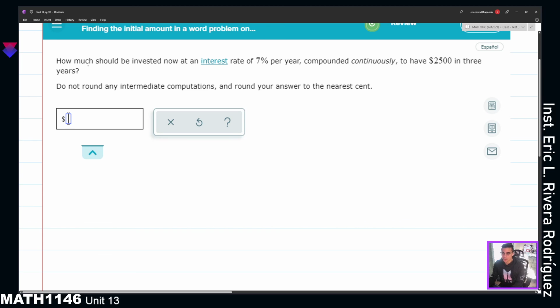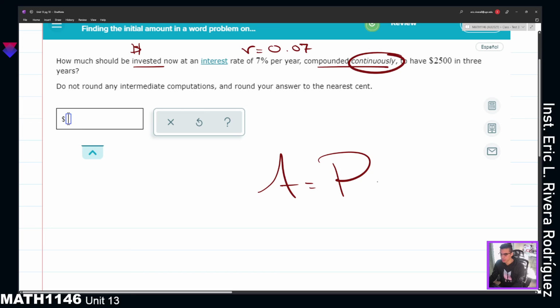Next exercise, how much should be invested? So we're talking about a financial problem. Now, at an interest rate of 7% per year, so 0.07, compounded continuously, tells us that the formula that we are going to use is A = P times e^(rt).